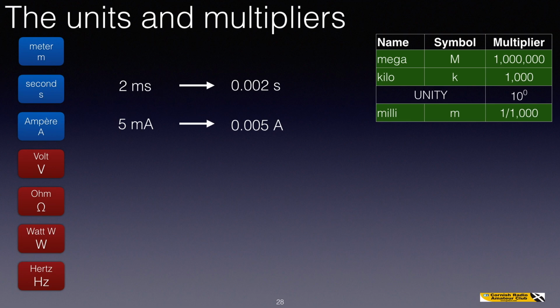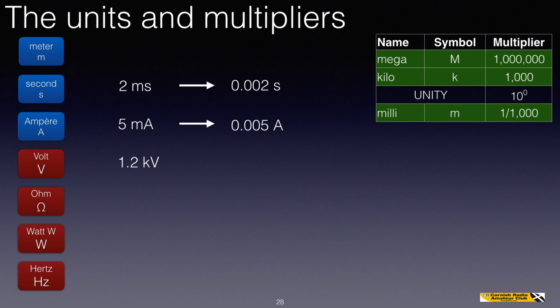By the way, if you look at all of the multipliers, all of the ones above 1, apart from kilo for historical reasons, are capital, and all of the ones less than 1, or below unity, are small letters. So they follow a rule: anything bigger than 1 is a capital letter except kilo, and everything smaller than 1 is a small letter.